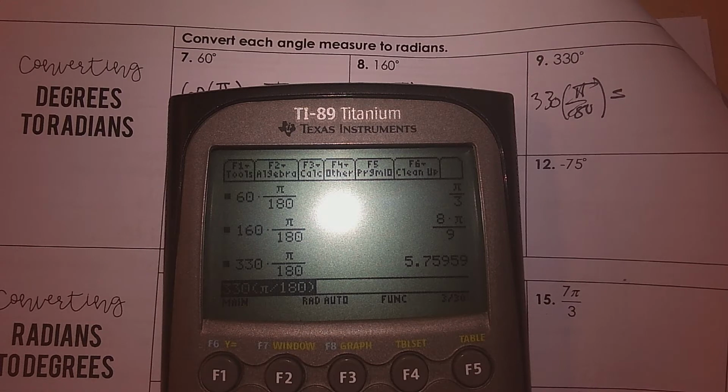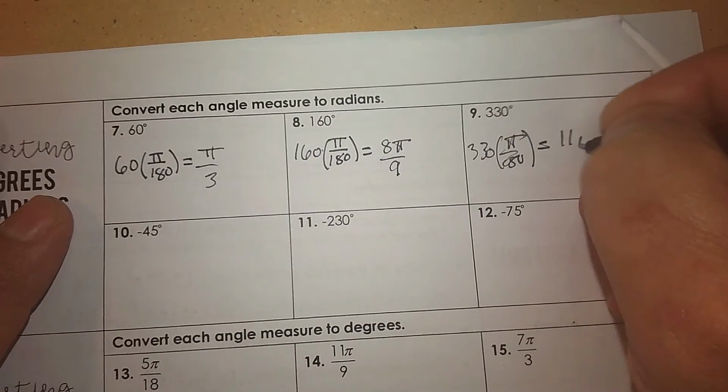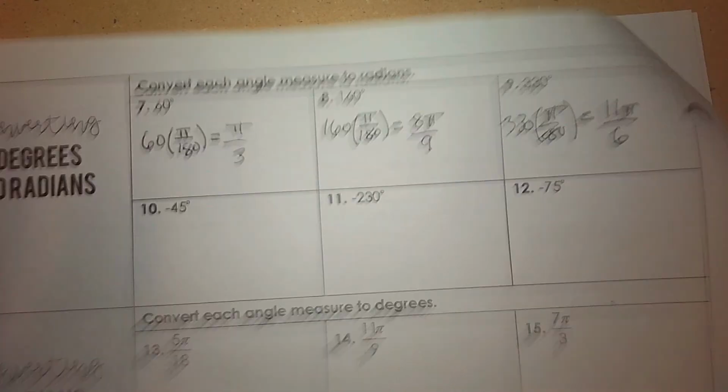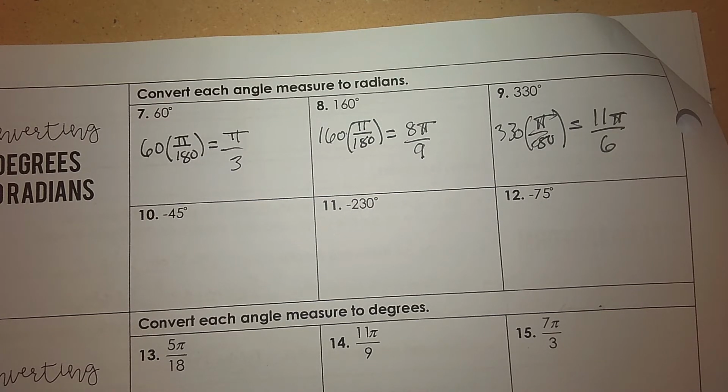So it's 11 pi over 6. And usually you put pi in the numerator. You could put pi beside the fraction, but most of the time you're going to see pi in the numerator and not beside the fraction.